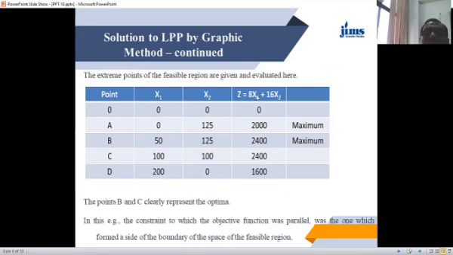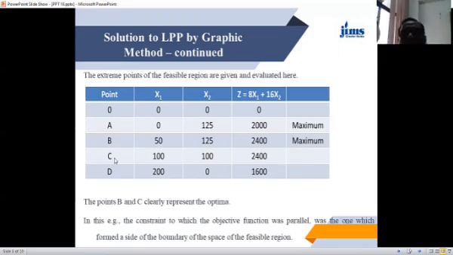So 100 into 8 is 800, and 100 into 16 is 1600, and 800 plus 1600 is 2400. So this becomes 2400. By mistake, maximum is written against A also, but no, the maximum value will be against points B and C. And at point D, x1 is equal to 200, x2 is equal to 0. So this becomes 200 into 8, 1600. So your maxima lies at points B and C.